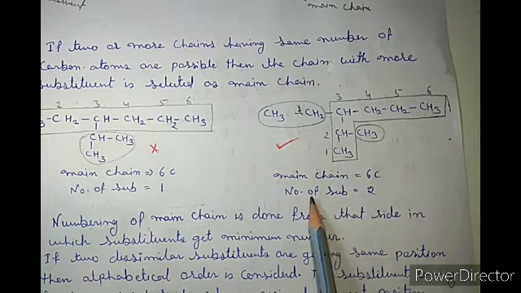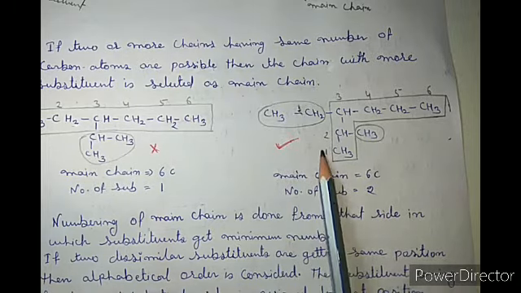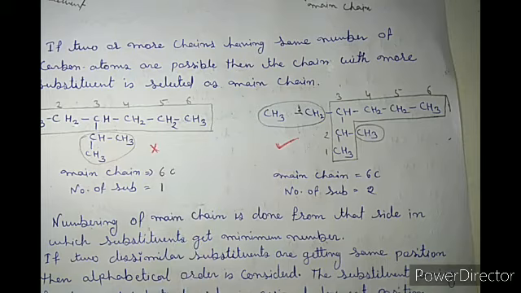So it has two substituents, so it is selected as the main chain, not this. Got it? Clear? Again repeating, if two or more chains have the same number of carbon atoms, then the chain which has more substituents will be selected as the main chain.